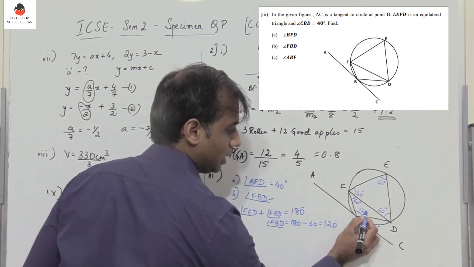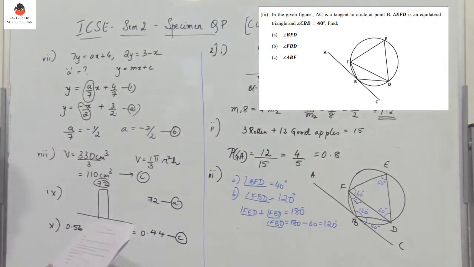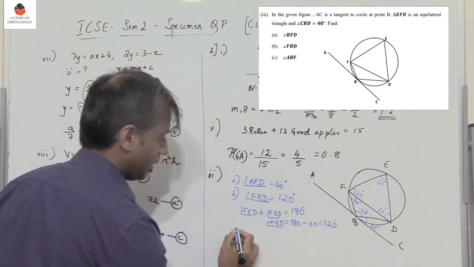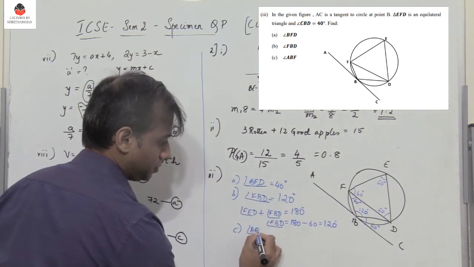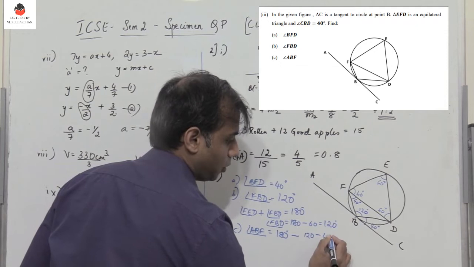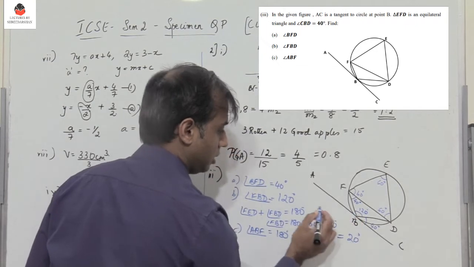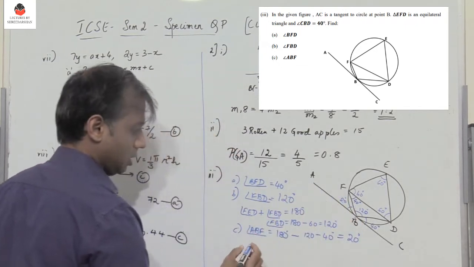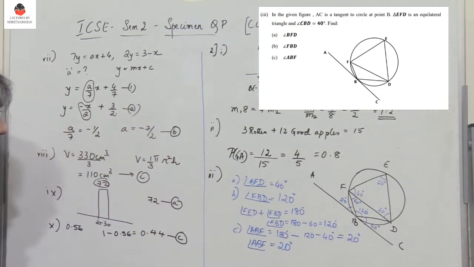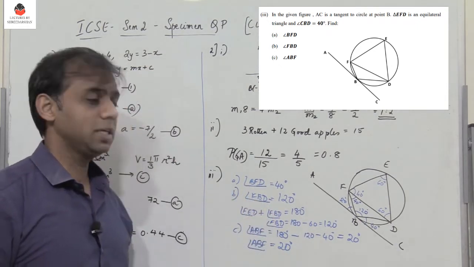What is angle ABF? The total angle is 180. So angle ABF is 180 minus 120 minus 40, which is 180 minus 160, which happens to be 20 degrees. So angle ABF equals 20 degrees, right? So ABF is 20 degrees, FBD is 120 degrees, angle BFD is 40 degrees.